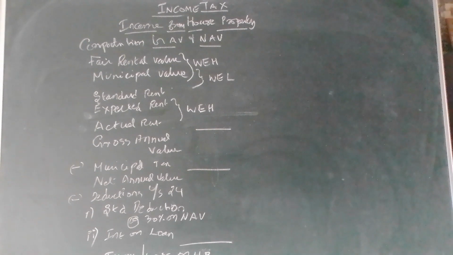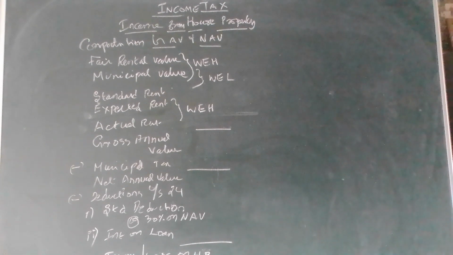Then another item is interest on loan, and this is also an important point. Interest on loan borrowed for the construction of this property, for the alteration of the property, for the renovation of the property.